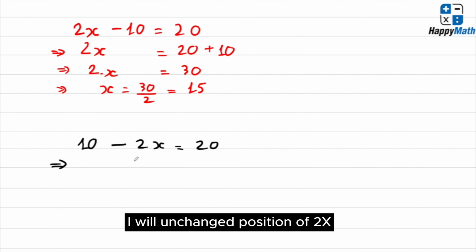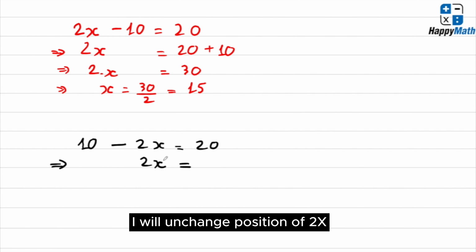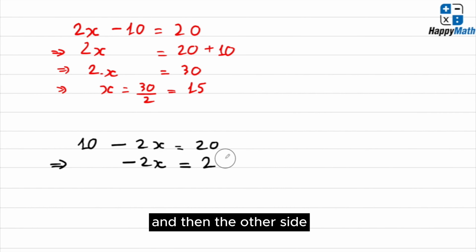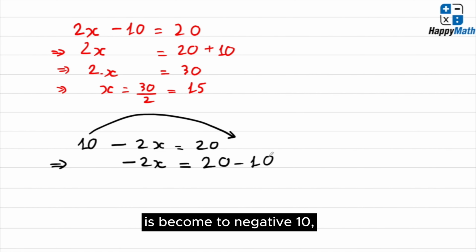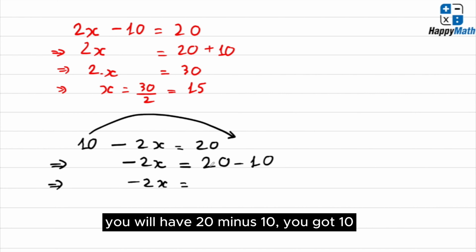The first way, I will leave the position of 2x unchanged, but I have to keep negative 2x like this. And on the other side, I will move 10 from left to right. It becomes negative 10. So for this one, you will have 20 minus 10, and you get 10.